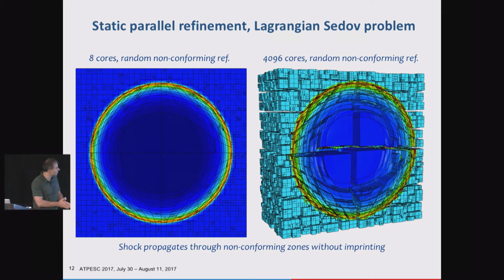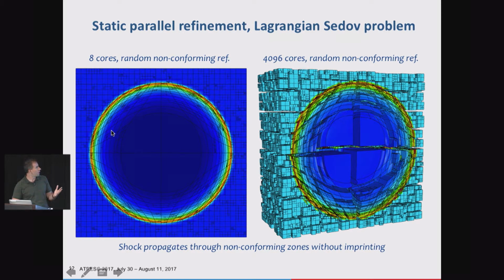As I said, we're developing this in MFM as a general discretization library feature, but this is what it looks like when you put it into a real application. This is the blast code that I mentioned earlier. It's a shock wave that propagates radially, and just to test the method, we propagate it through a randomly refined mesh.